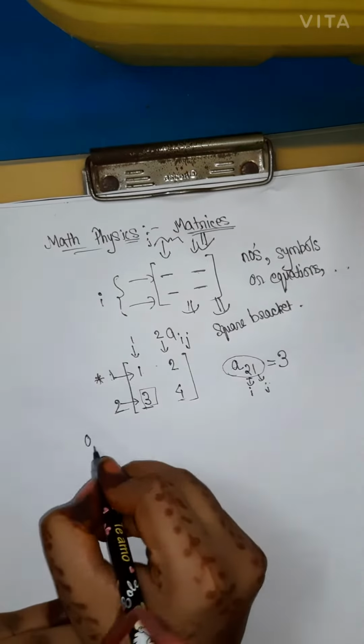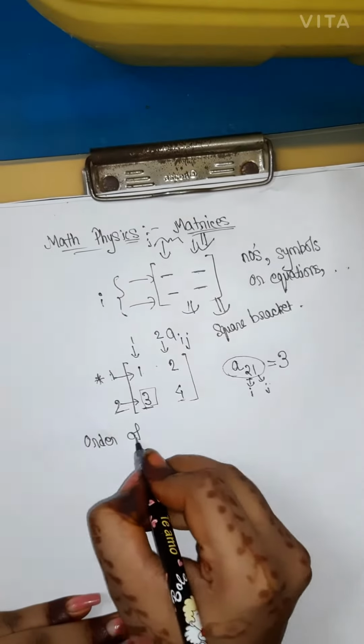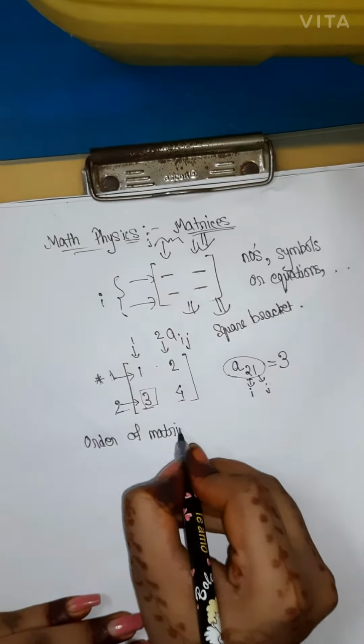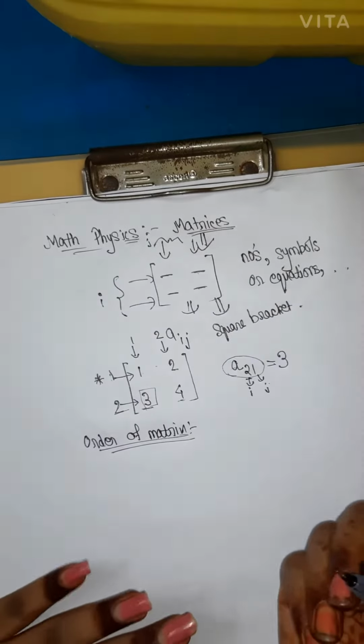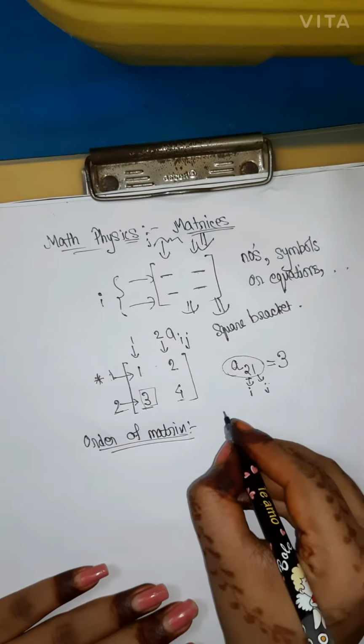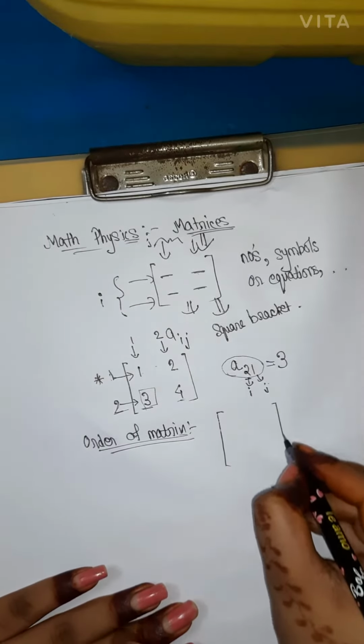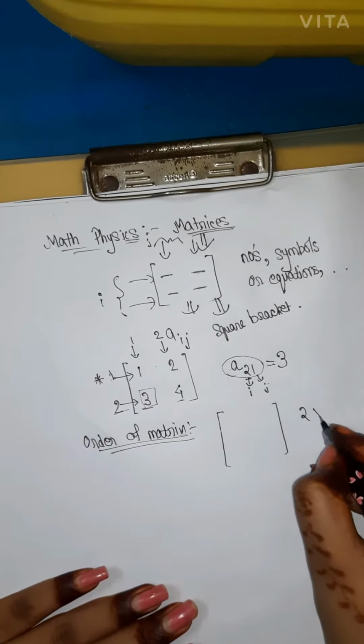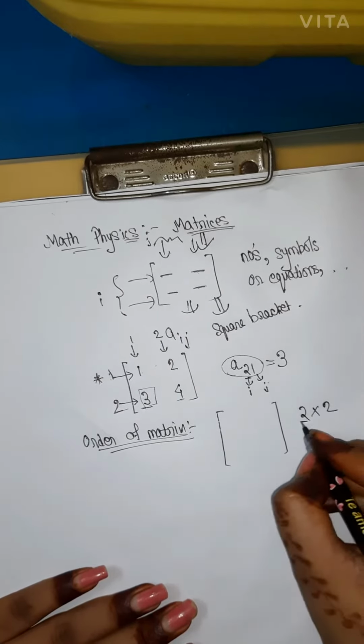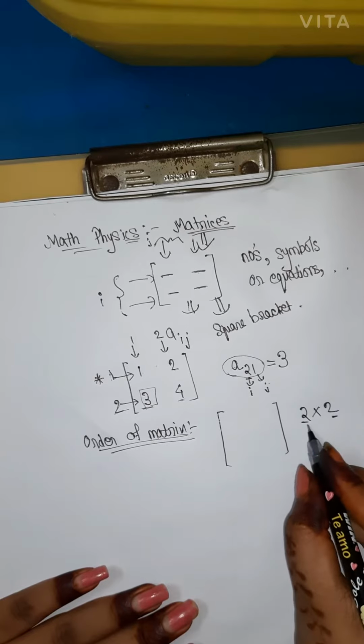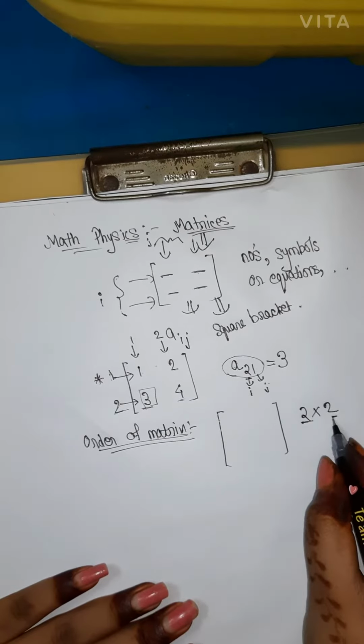Now let's see the order of the matrix. How will we see the order of the matrix? What do you mean by it? Let's say if I say to you a 2 cross 2 matrix. So 2 cross 2 means row number by column number.